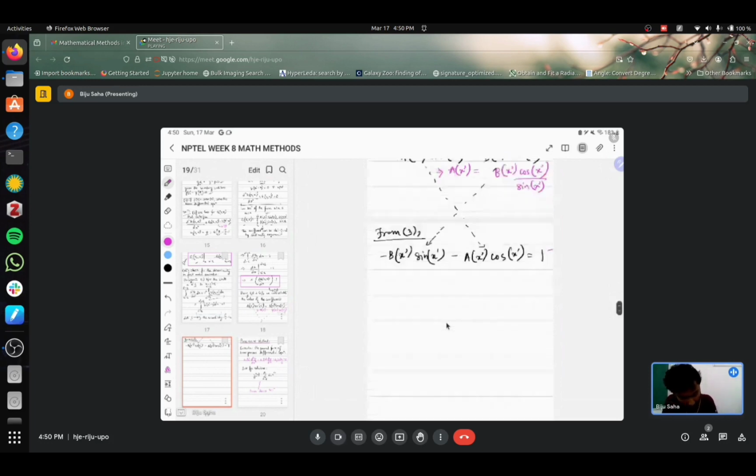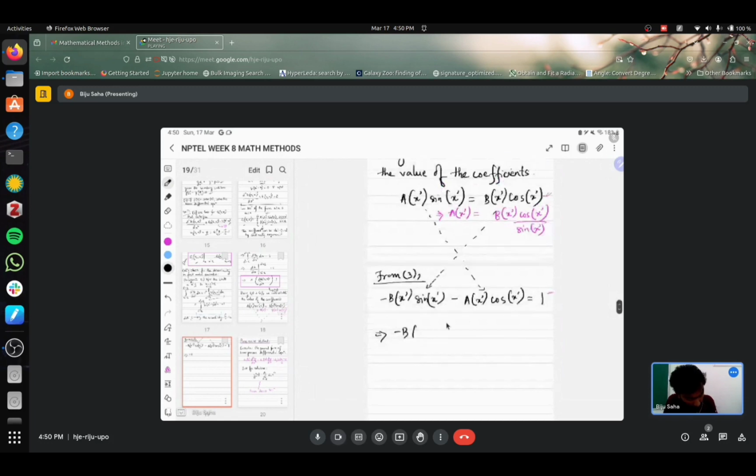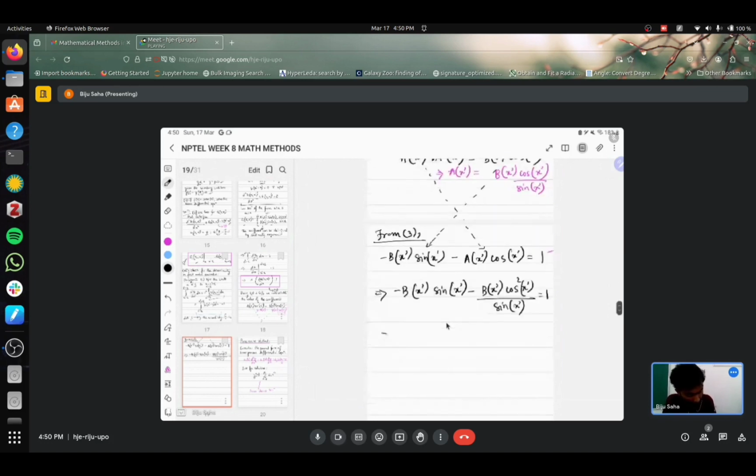So I substitute the value of a here and take the denominator to the numerator on the first term.